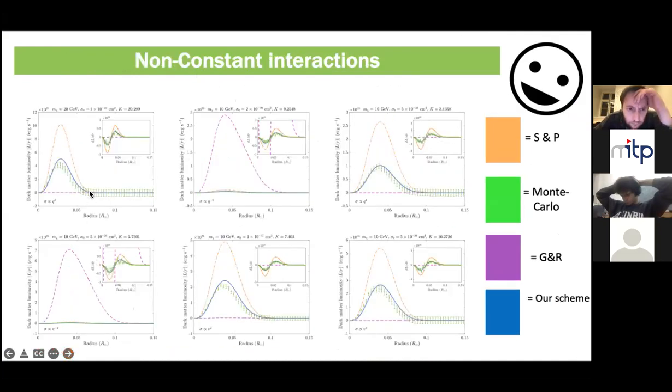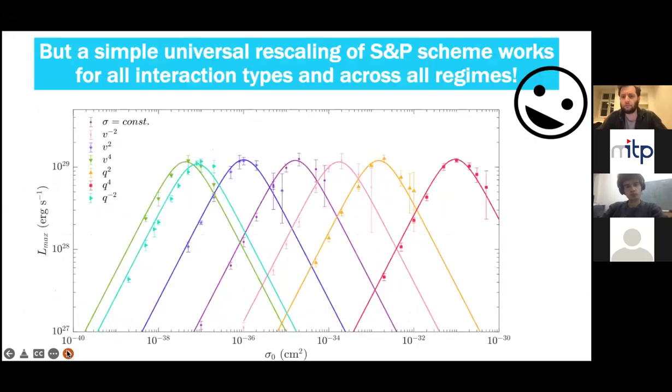But in addition, when you go to non-constant cross sections, we also find that across all regimes, we've now got something which seems to fit the Monte Carlo data very, very well. So we've managed to find a universal fitting formula which can be used to describe dark matter interactions across all possible interaction regimes and across each of the different interaction types that we considered.